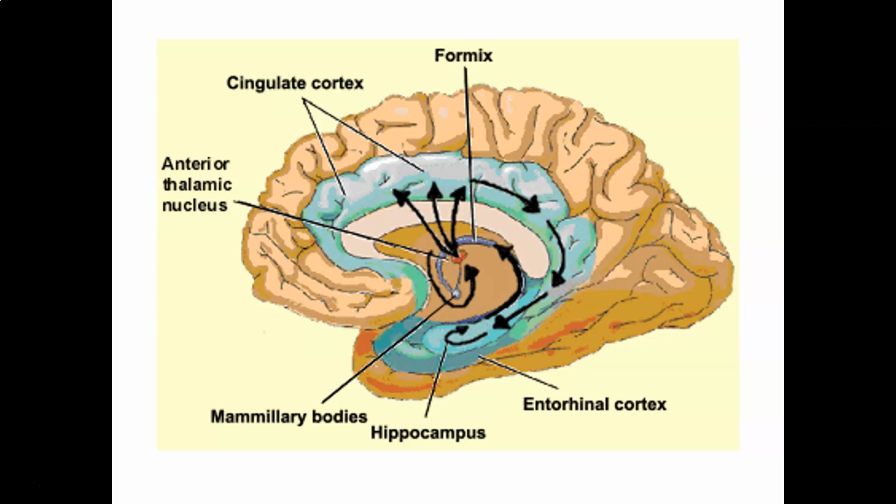But one of the other major points of this graph is that because a lot of these other areas are also providing input to the hippocampus, if those connections to and from the hippocampus are damaged, the hippocampus can't do its job, and that will also produce a variety of different memory problems. So we're going to talk about a few of those right now.